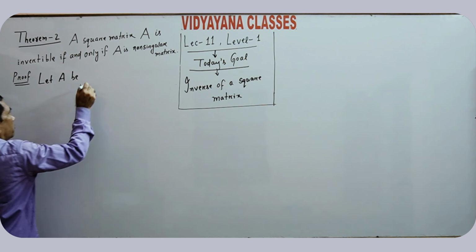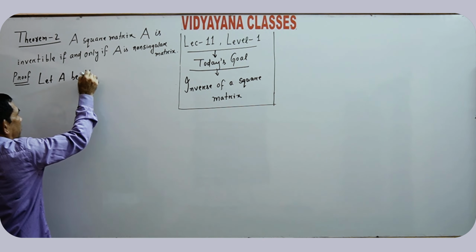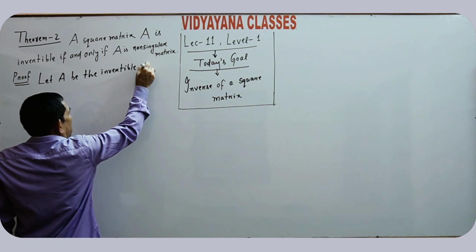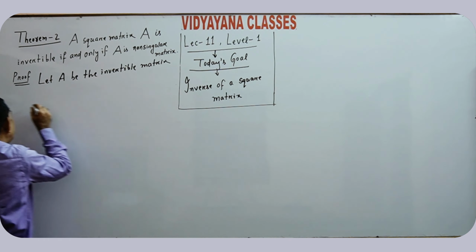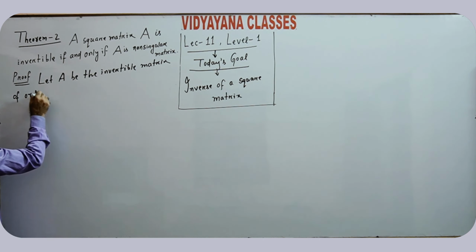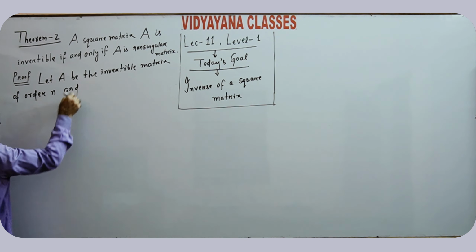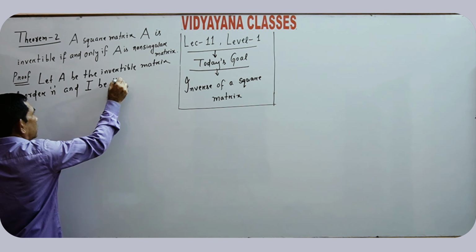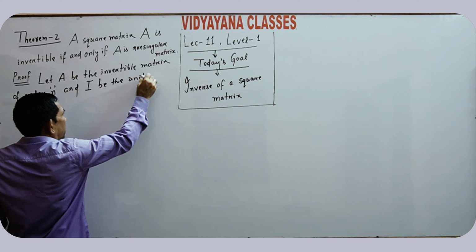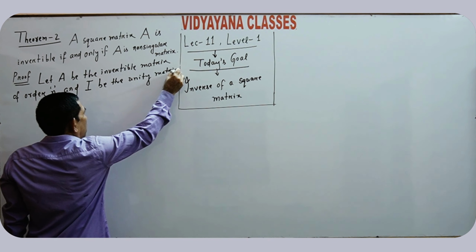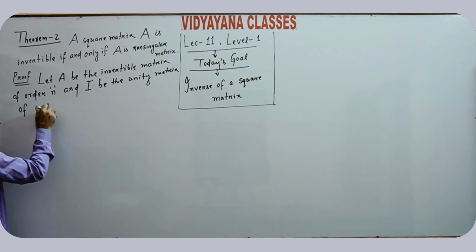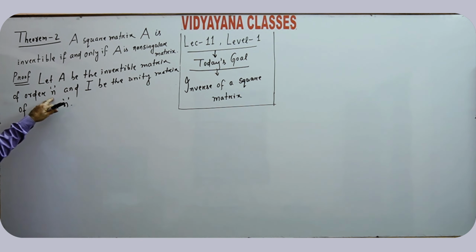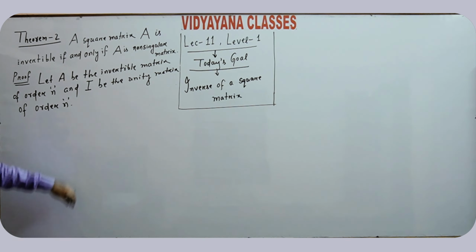Let capital A be the invertible matrix of order n, and capital I be the unit matrix of order n.